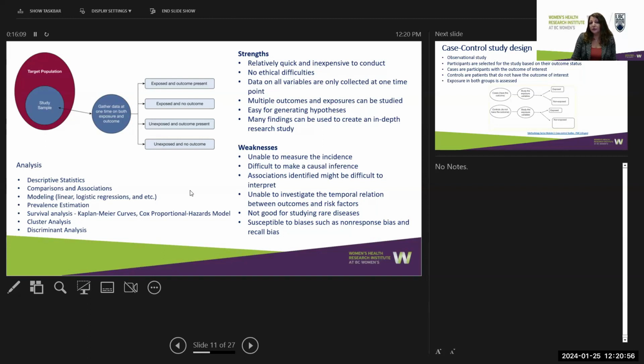We cannot investigate temporal relations because we're not following people over time. It's hard to study rare diseases with this design, and if we're doing a snapshot survey, we can be exposed to non-response bias or recall bias, but that's true for all observational study designs as well.